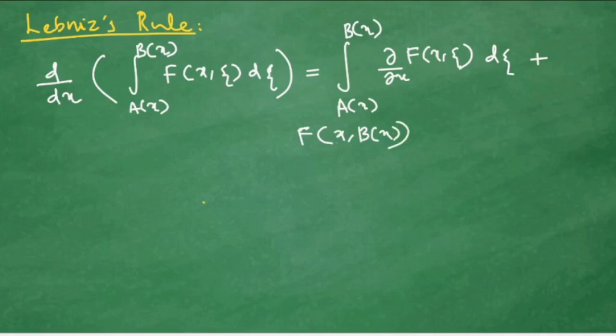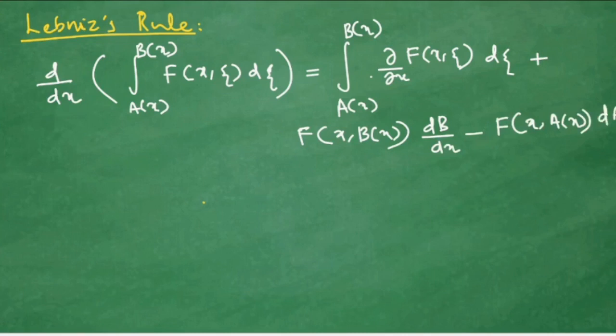F of x comma b of x means in the given function, instead of theta we are putting the function b of x, into db by dx, minus, now for the lower limit instead of theta, f of x comma a of x into dA by dx.